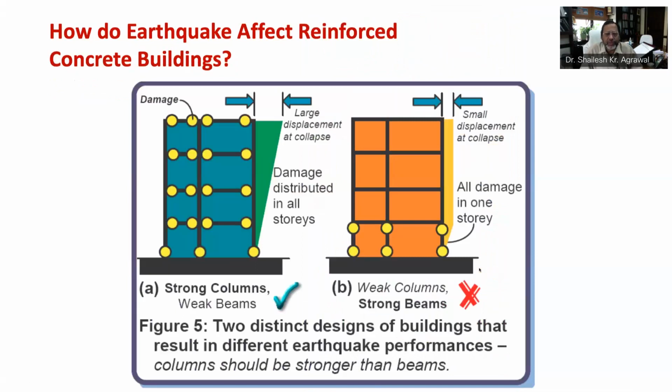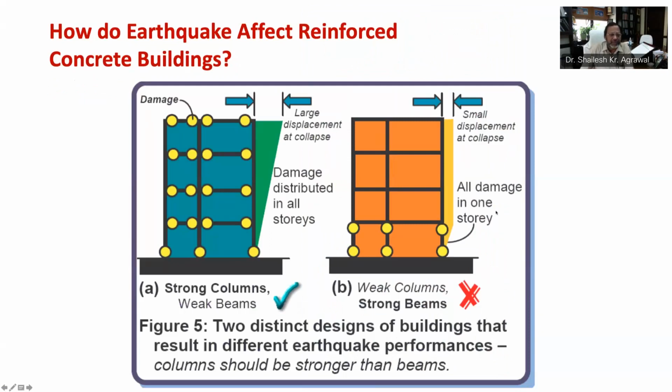For a building to remain safe during earthquake shakings, columns, which receive forces from beams, should be stronger than beams, and foundation, which receives forces from columns, should be stronger than columns. Further, connections between beams and columns and foundation should not fail, so that beams can safely transfer forces to columns and columns to foundation.